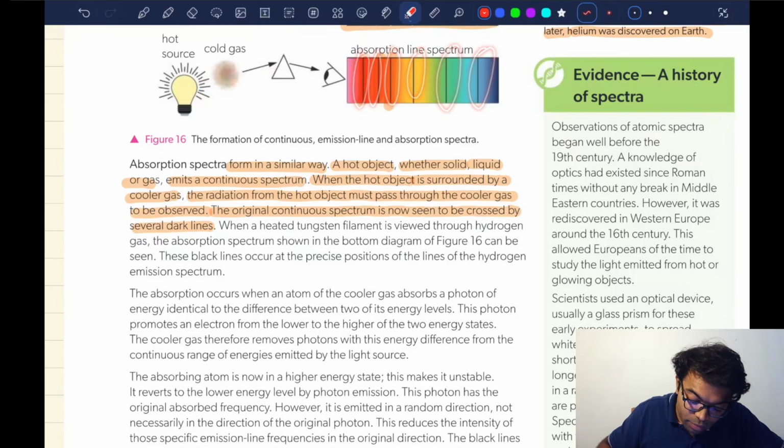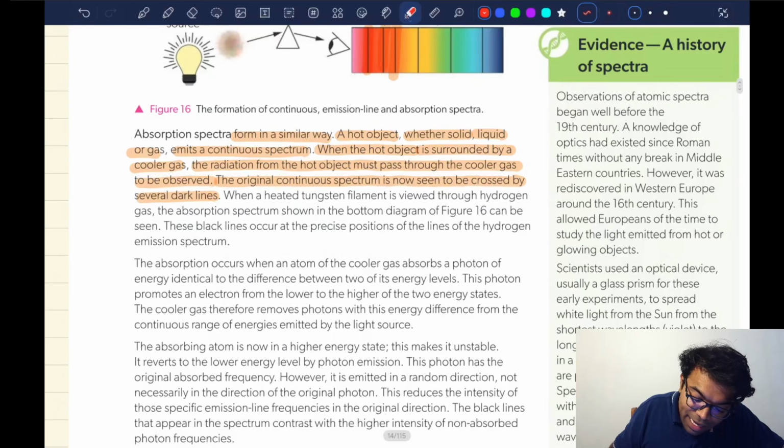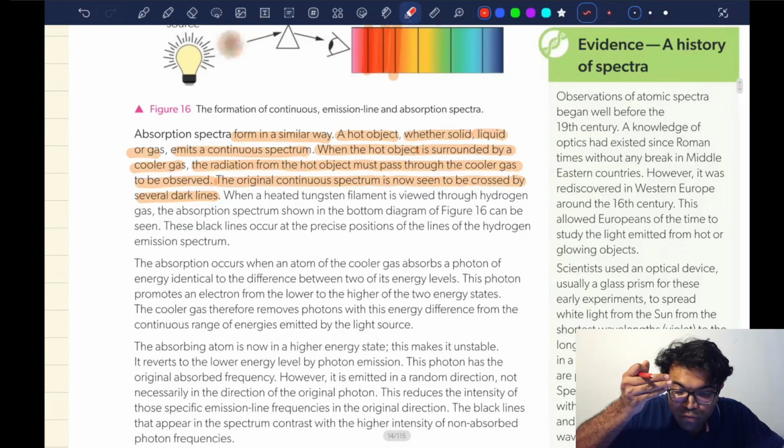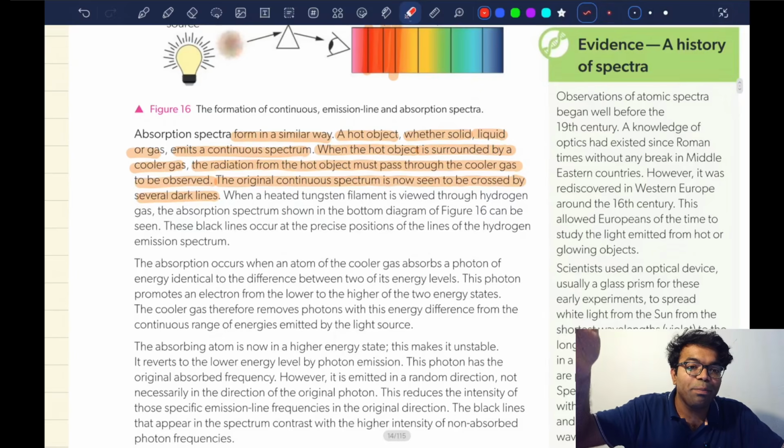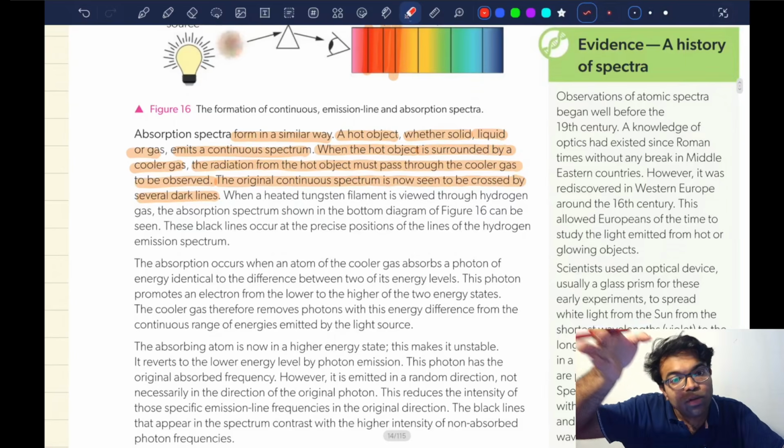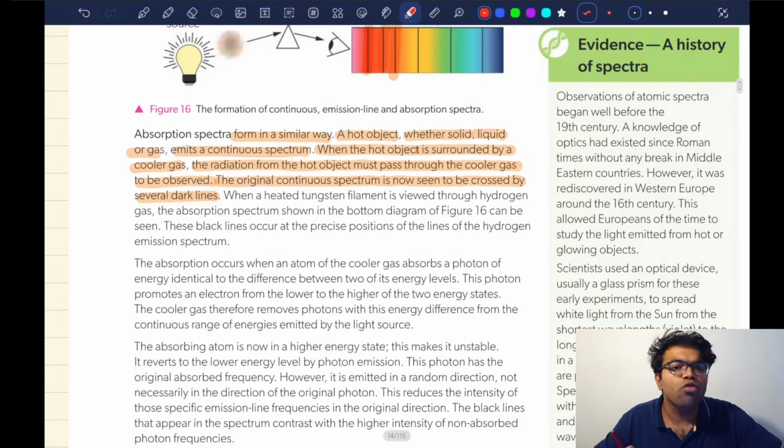Now, when tungsten is heated and you pass that colorful light through a prism and then through the gas, what do you see? You observe that some dark lines are observable on this continuous spectrum. These dark lines are the lines that are absorbed by the hydrogen atom.